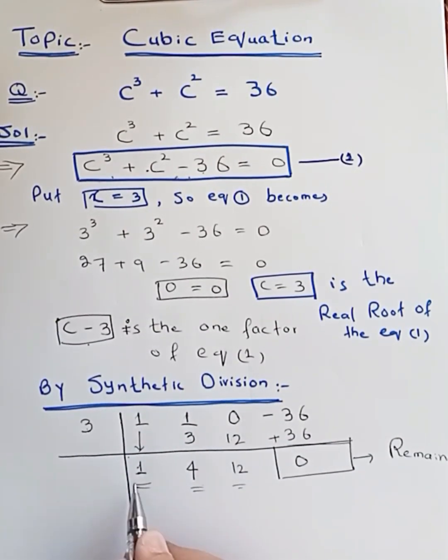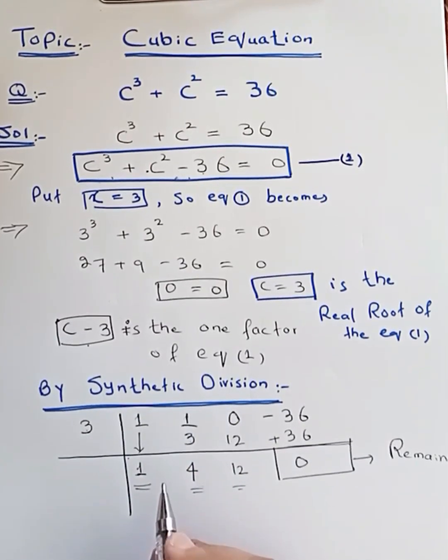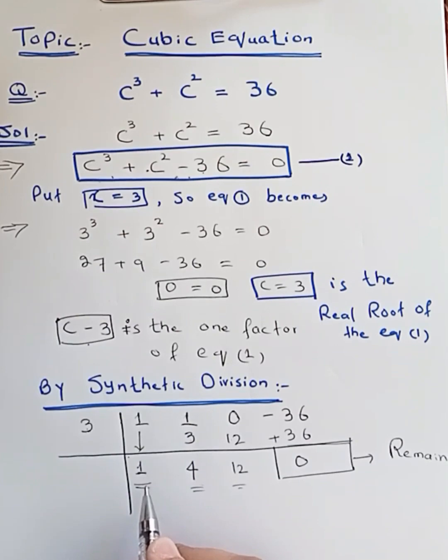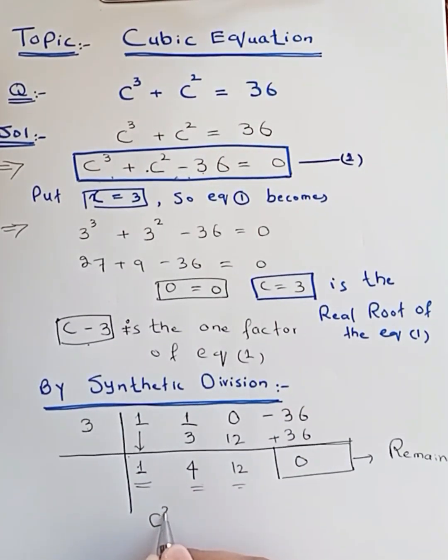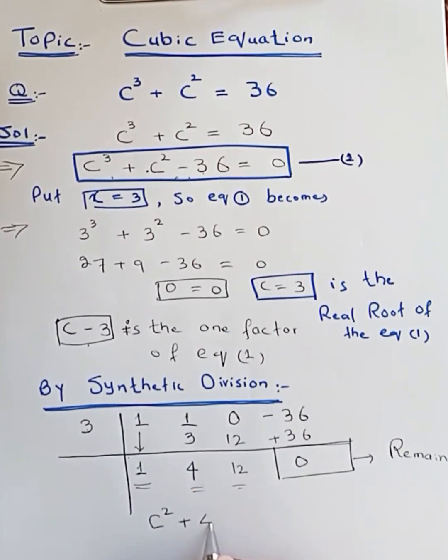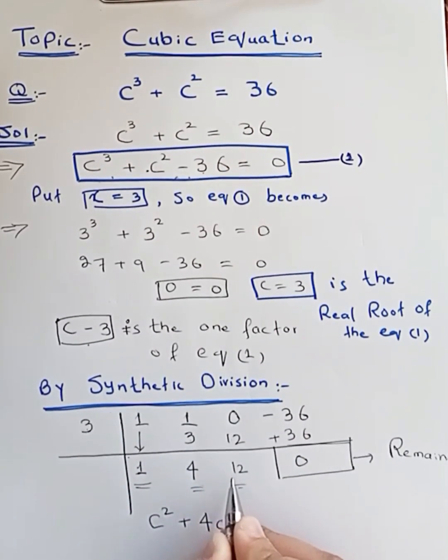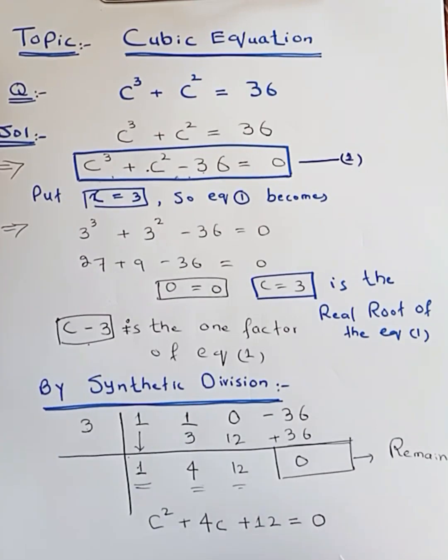These are the coefficients of a quadratic equation, because the cubic equation has been split into a quadratic equation. So this will become c square plus 4c plus 12 is equal to 0.